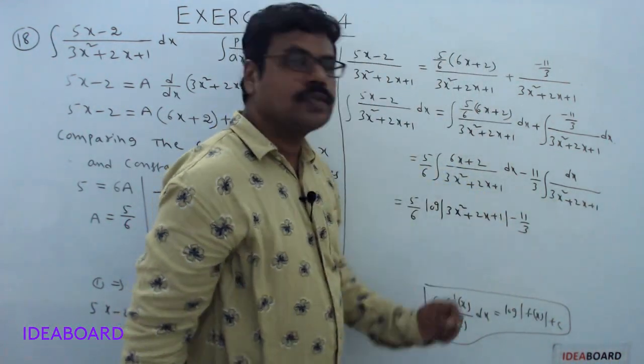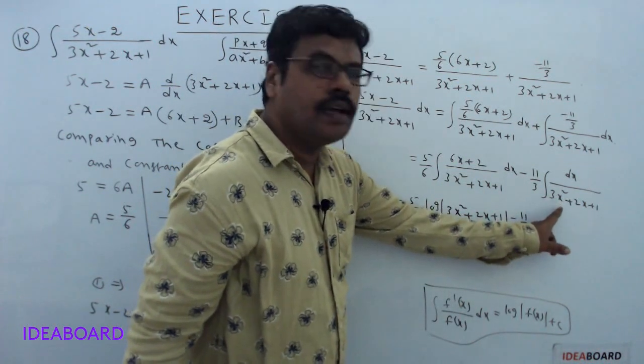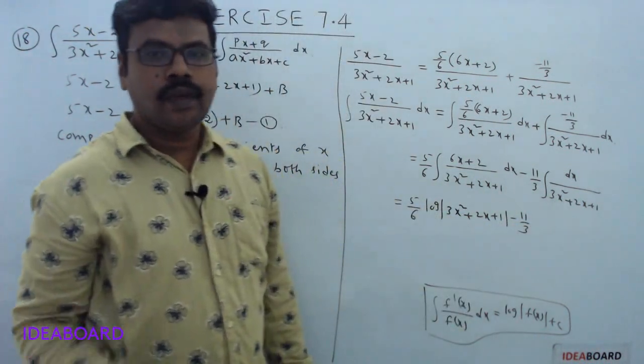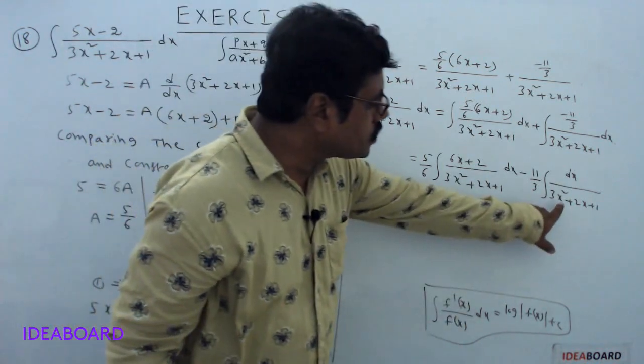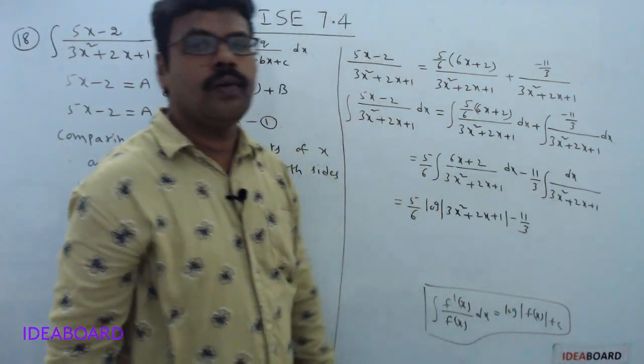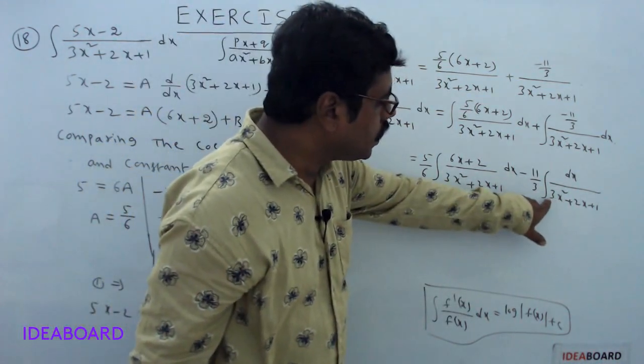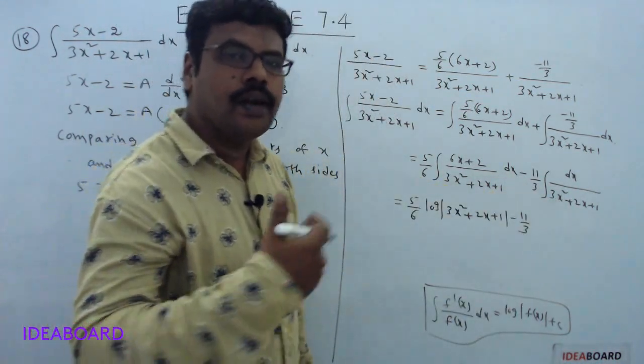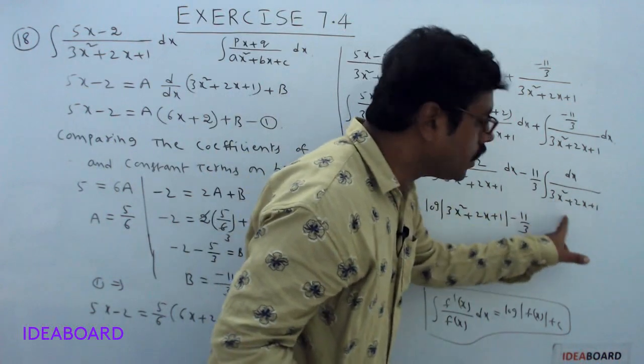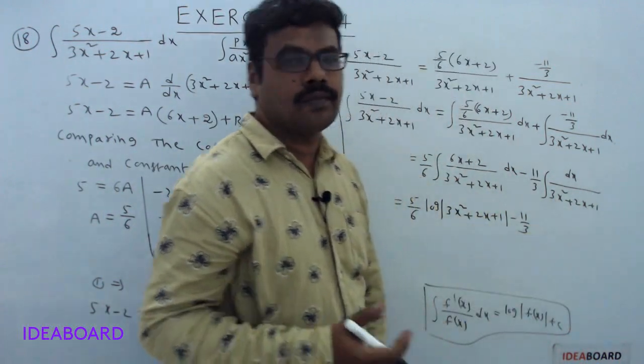Now, what is the procedure to evaluate this type of integral? First, make x square coefficient as a unity. After making x square coefficient as a unity, try to make the denominator expression as a perfect square.